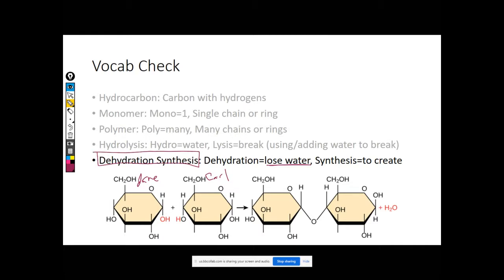Okay, and the compound we're starting with, you're going to start with 2 compounds. Okay, so Jane and Carl are 2 different people, and they want to become a single couple again.